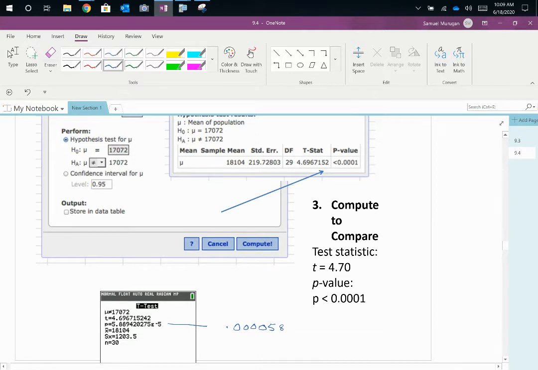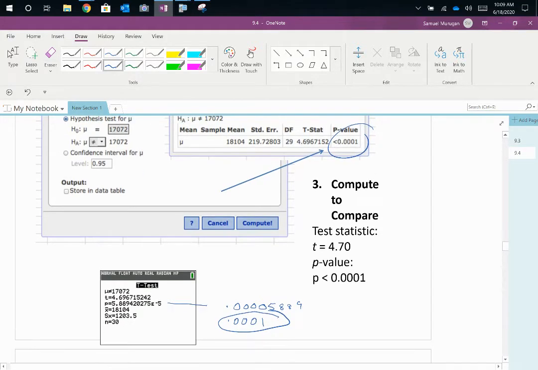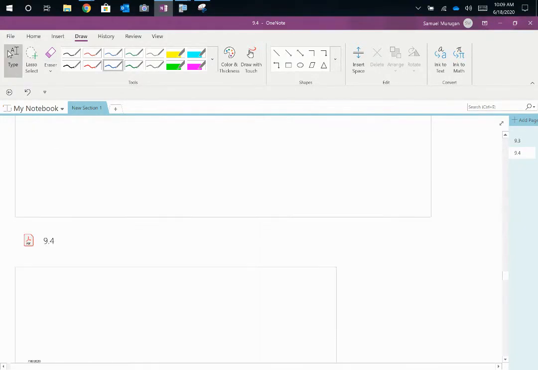That's what that e to the negative 5 power means, E889, which is 0.0001 to 4 decimal places, okay, which is what we have here. So a little more work when you're using the TI-84 calculator.